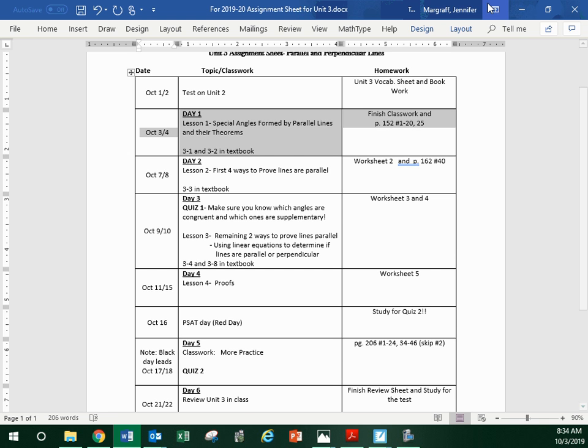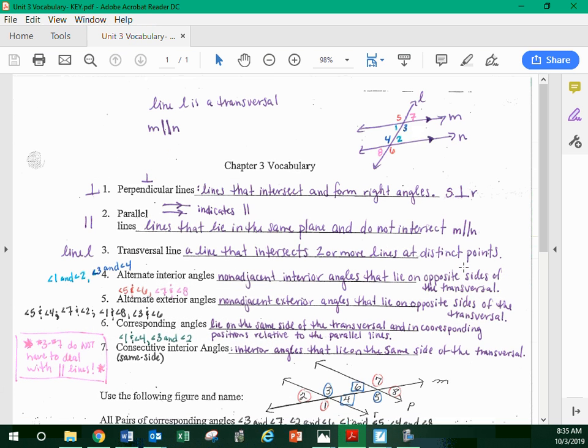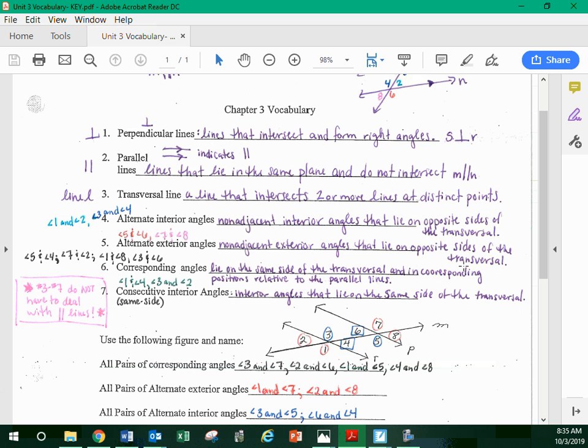All right, so let's go ahead and take a look at our homework, and we're going to talk about our vocabulary there, because what you learned with your vocabulary is what we're going to be building upon today. So our vocabulary here, we have perpendicular lines, parallel lines. Those should be something you're already familiar with. A couple of things I want you to take note of is that there is notation for perpendicular and notation for parallel, so you might want to add that onto your vocab.